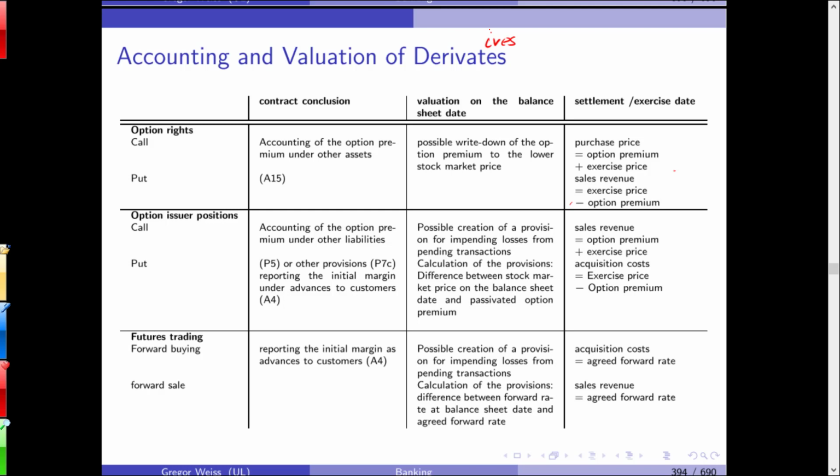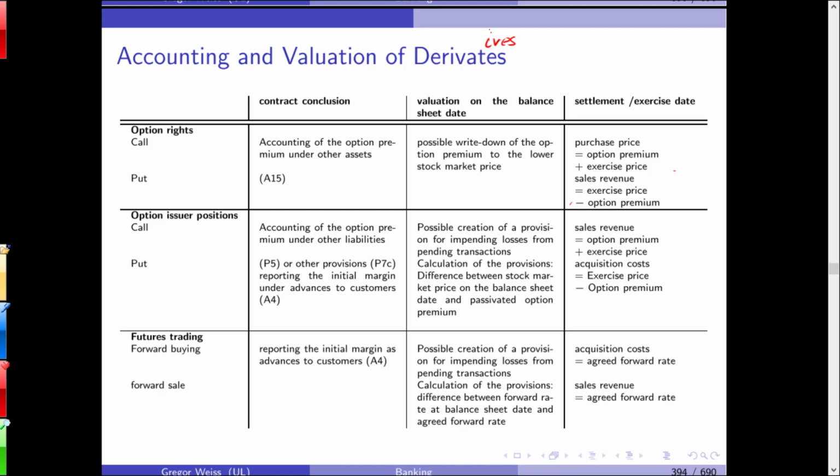And at the point in time where you exercise the option or where the contract is settled, you take the purchase price, which is the option premium plus the exercise price, and the sales revenue you get from the option contract is the exercise price minus the option premium. And these enter your income statement and your balance sheet.